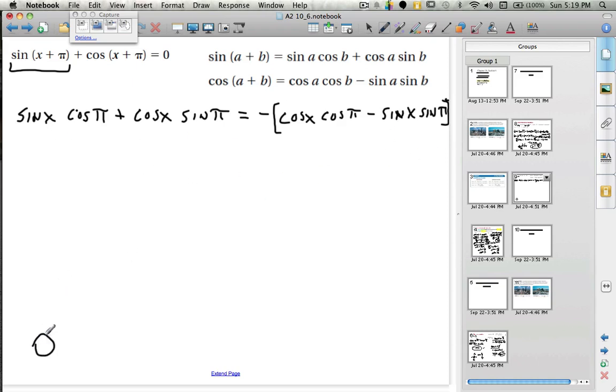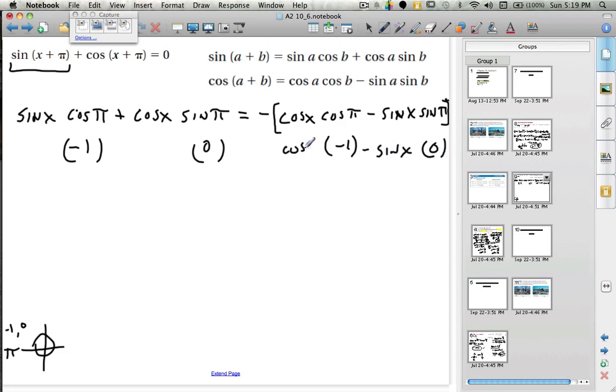Go back to the unit circle. Where's pi? Pi's over here. What are the coordinates there? Well, x is negative 1, y is 0. So cosine is negative 1, so cosine of pi is negative 1. Sine of pi is 0. Okay, now I'm just copying everything else down.